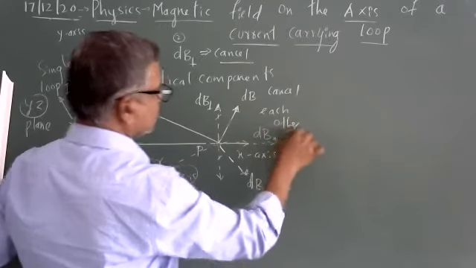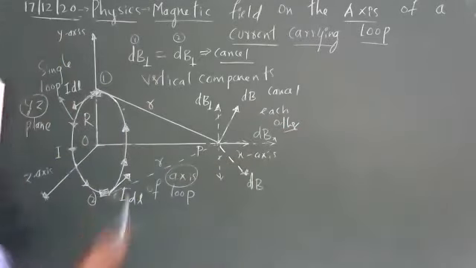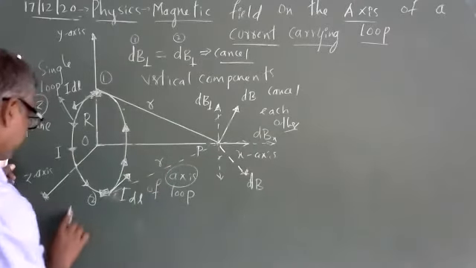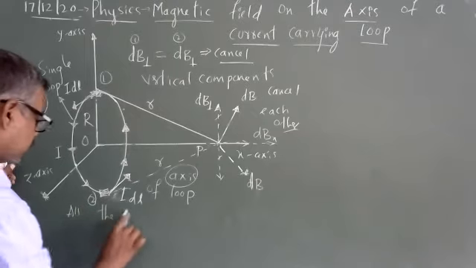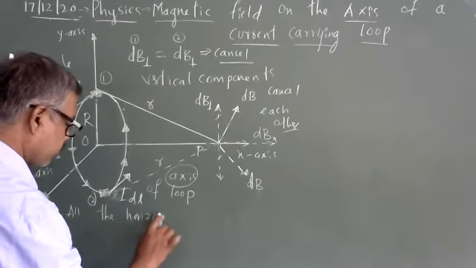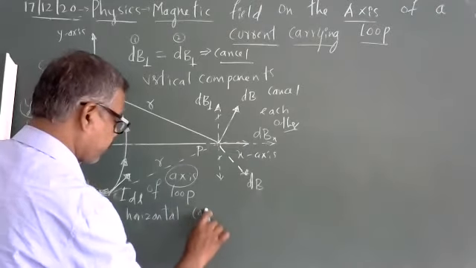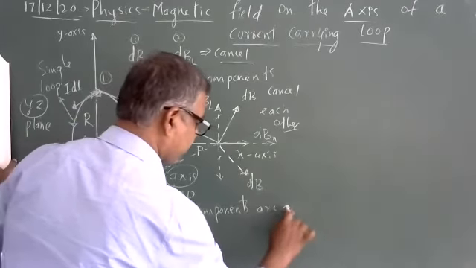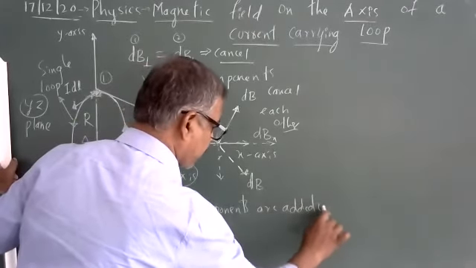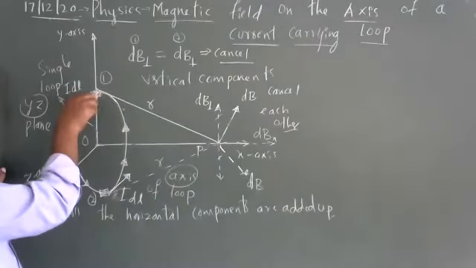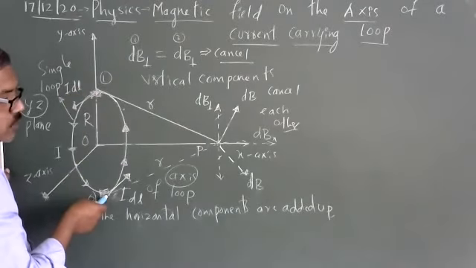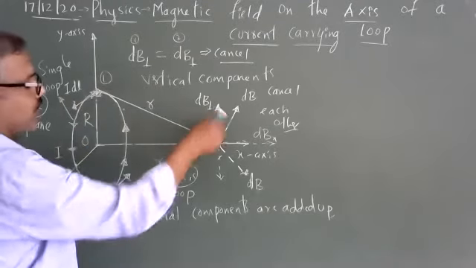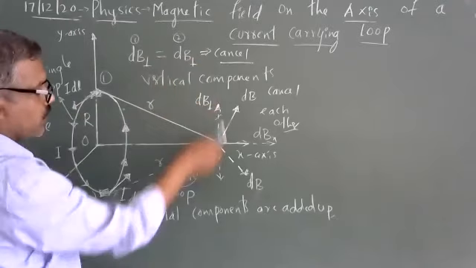Only horizontal components are added up. So I took only one component and then I took the diametrically opposite component. When you have a loop, you have such diametrically opposite components where all the vertical components are equal in magnitude, opposite in direction, and they nullify.